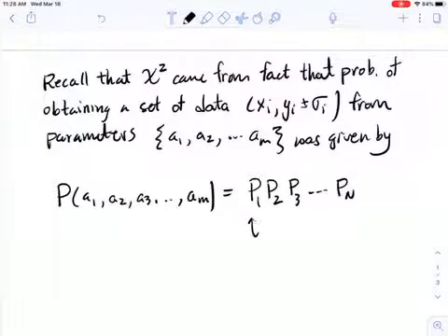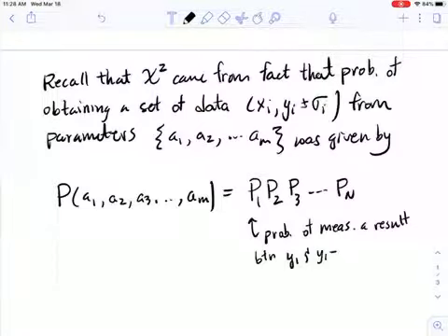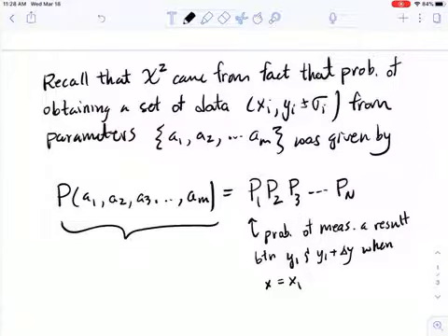And so here, this P1 is the probability of measuring, say, y1, let's be more specific, measuring a result between y1 and y1 plus delta y when x is equal to x1. And then the same thing for 2 and 3 and all the way up to n. This thing was called our likelihood function.